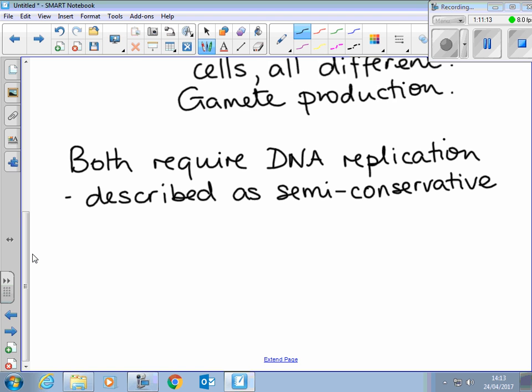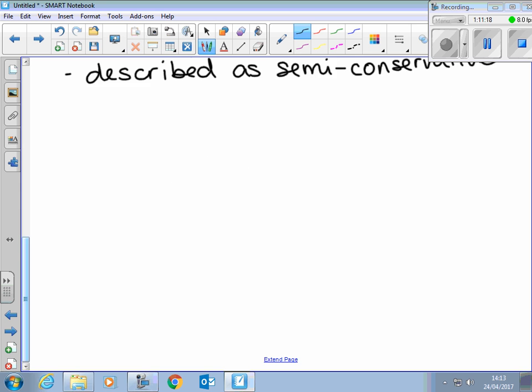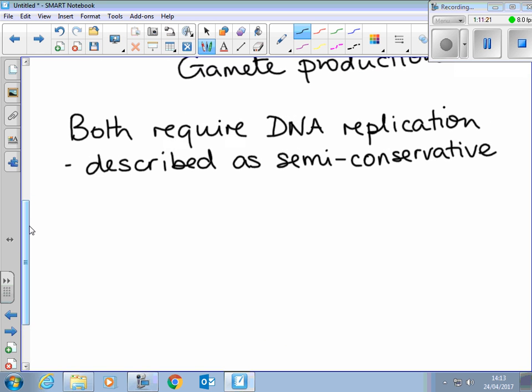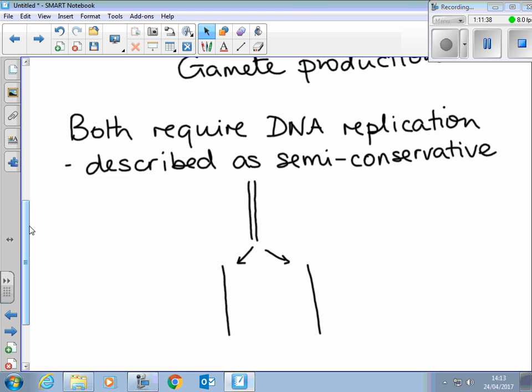What that means is that if you start with a piece of DNA, there's my double-stranded piece of DNA, then the process conserves one strand from the original and then builds a new one against it. So semi-conservative means it conserves half of the original, like that.